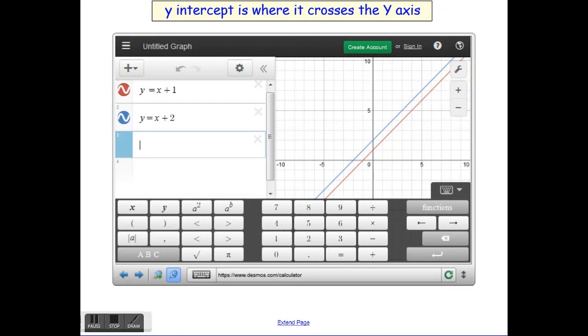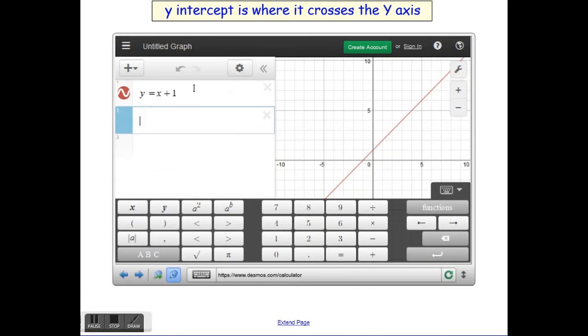Now, let's take away those two, and we'll start with this one here. So we have y equals x plus 1. I'm going to change that to 2x. You'll notice my line still passes through the same point on the y-axis, but now my line is steep.